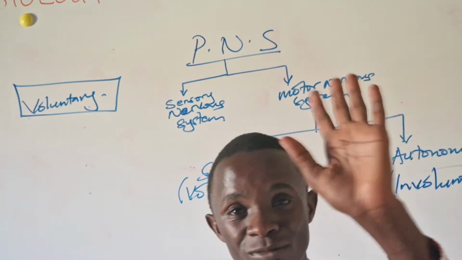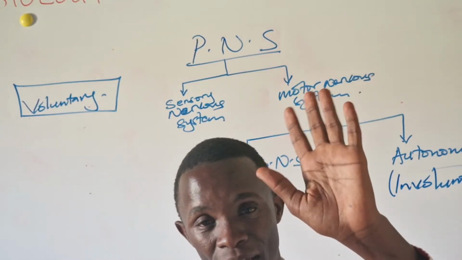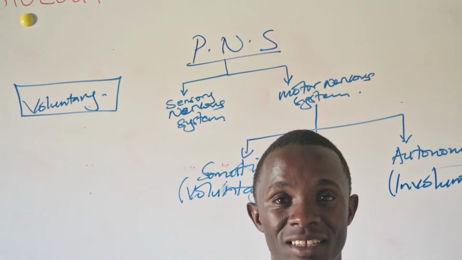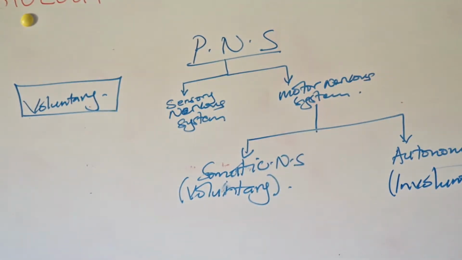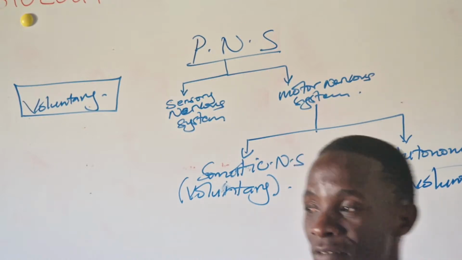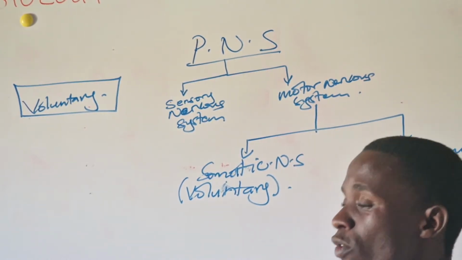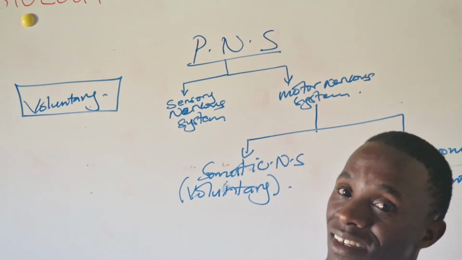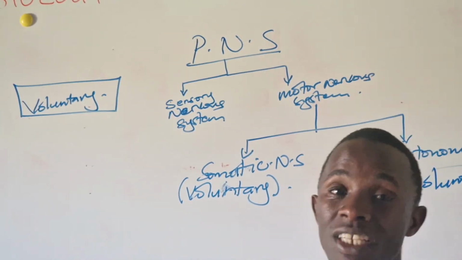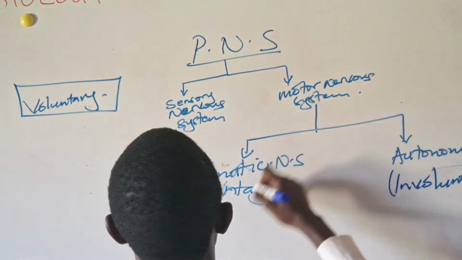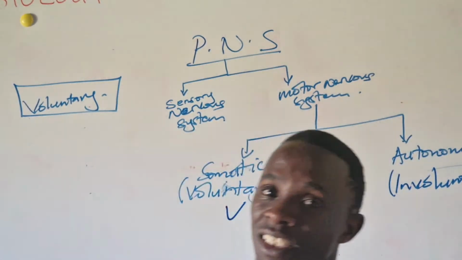I can wave or not. I have control over all these things I'm doing. I have a right of bending or staying straight. I have a right to run. I can control whether I should run, walk slowly, or faster. All of those are voluntary actions. They are controlled by the somatic nervous system.